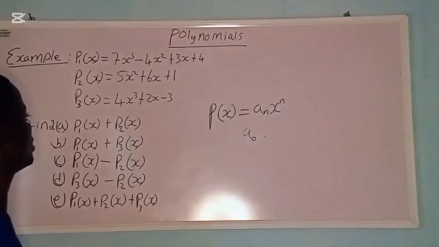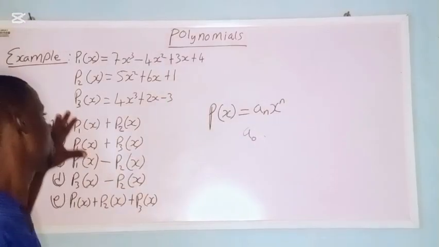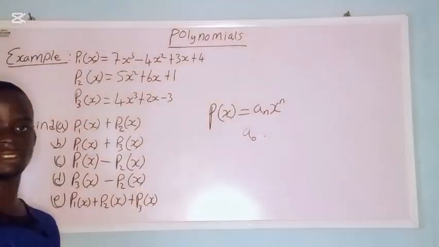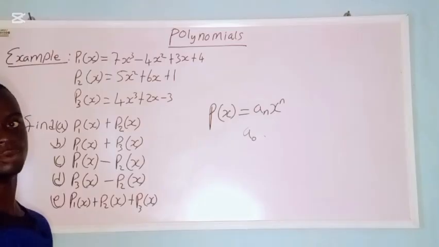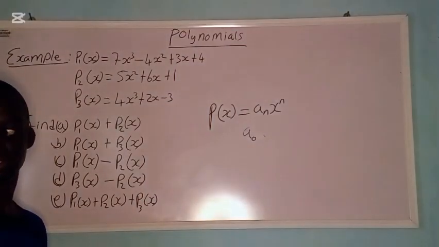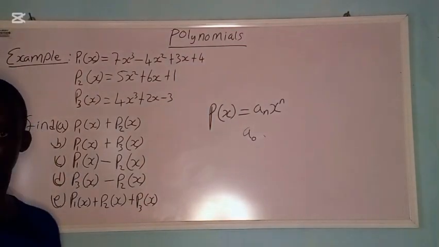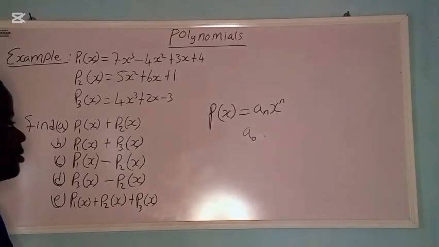So now this one is under addition and subtraction. I want to show you how to add polynomials, and then I will try to do another example so that you can see. So now let's continue.